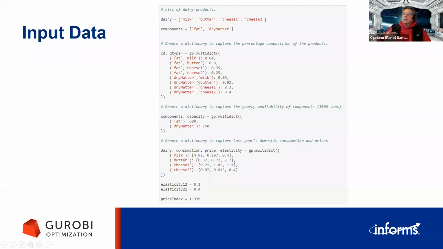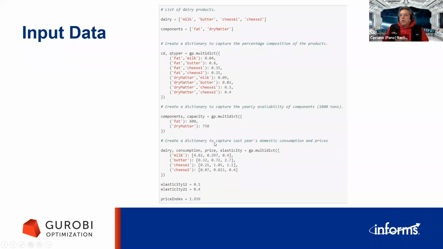And the rest of the information here is for the other components and other products. So to define the capacity available of the components, we have another multidict function here. And the keys of this dictionary are going to be the components, the raw materials. So it's going to be fat and dry matter. And the units are in thousands of tons. So we will have 600,000 of fat and 650,000 of dry matter.